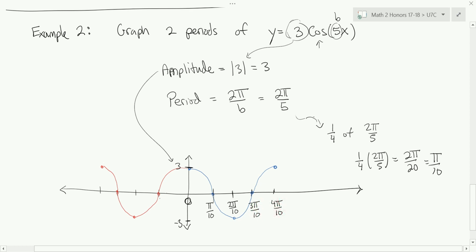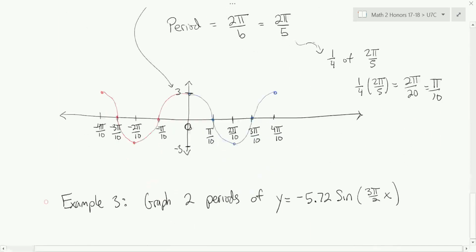And we can go backwards, negative 1 pi over 10, negative 2 pi over 10, negative 3 pi over 10, negative 4 pi over 10. Some of these can reduce, and right now I'm just going to leave them as fractions with a denominator of 10 to see the pattern here. But yes, some of these fractions can reduce.